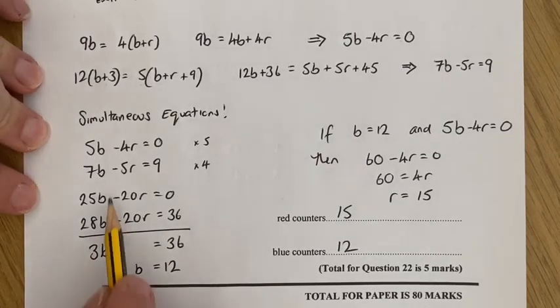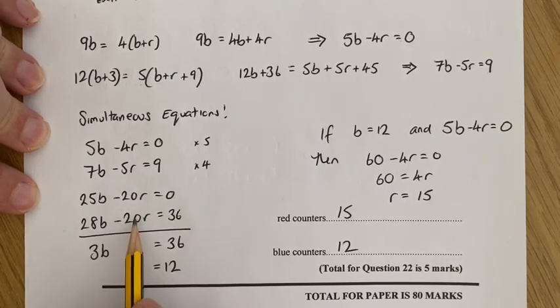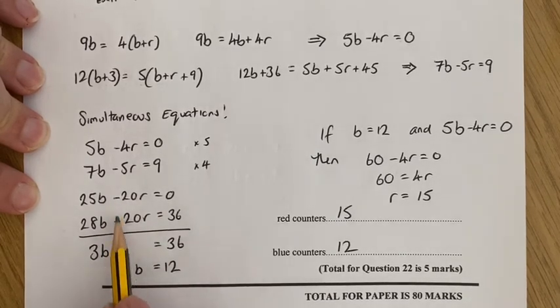Same sign, so subtract. The rule I always go with is to make the ones in the middle the same, and then if it's the same sign subtract, different signs add.